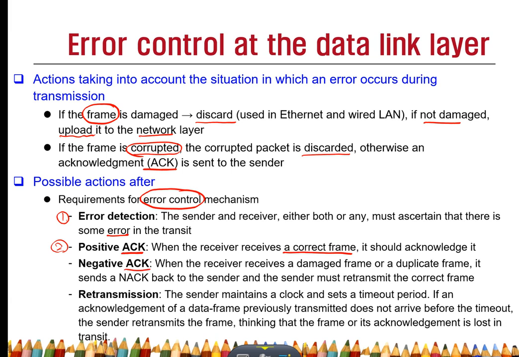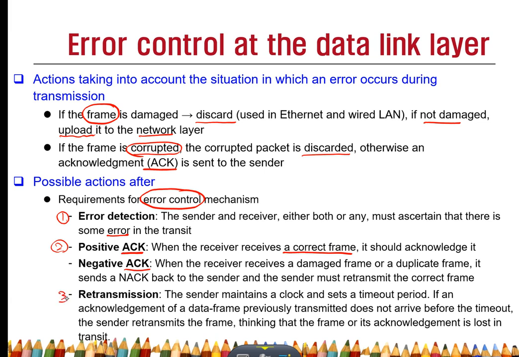Then the negative acknowledgement: when the receiver gets a damaged or duplicated frame, it sends a NAK back to the sender, and the sender must transmit the correct frame.